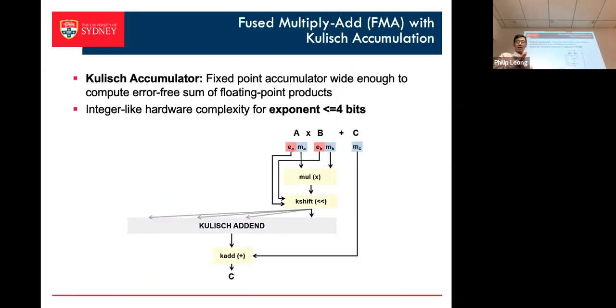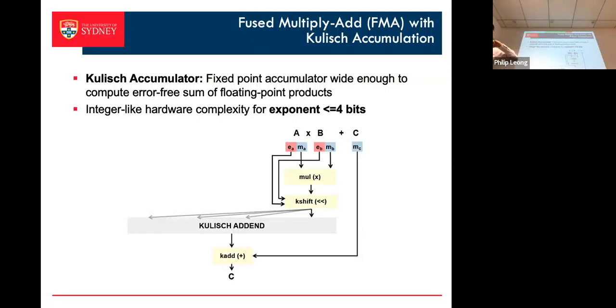There's one other important design decision that we made in implementing these block Minifloats, and that's to use what's called a Kulisch accumulator. This is a fixed point accumulator, which has sufficient bits so that it will give you the exact right answer for any input that you use. So it's a fixed point accumulator wide enough to compute an error-free sum of the floating point products.